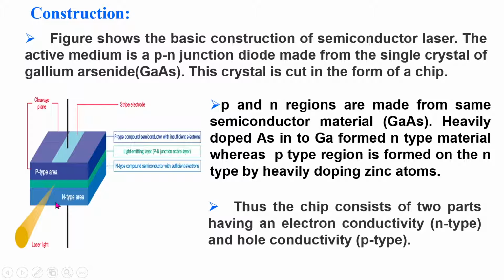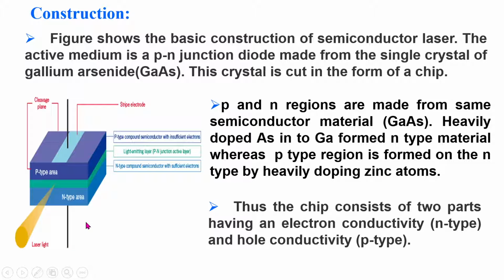So there is the formation of the N-type material. Now, how does the P-type material get formed? For the formation of the P-type region, by heavily doping zinc atoms into the N-type crystal, there is the formation of the P-type region.